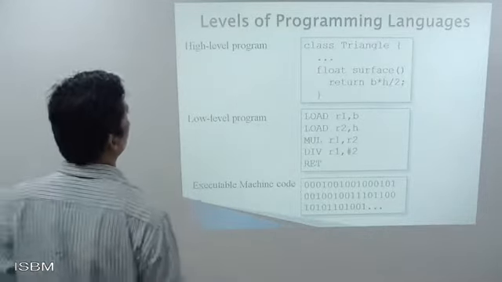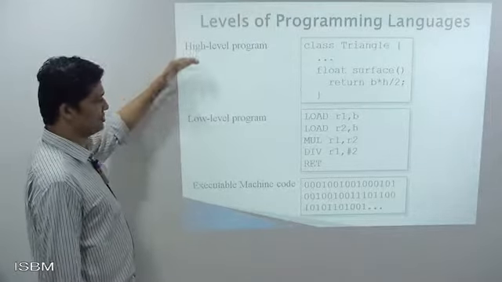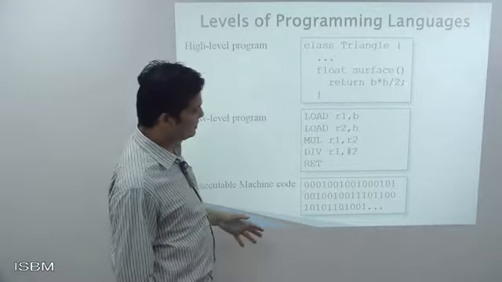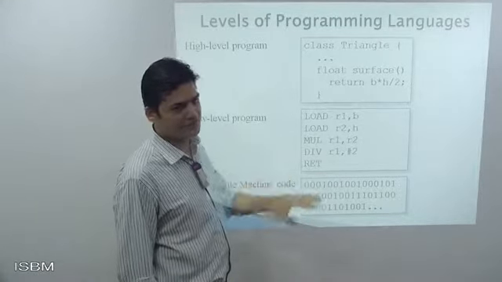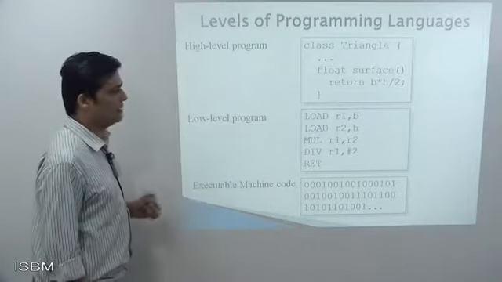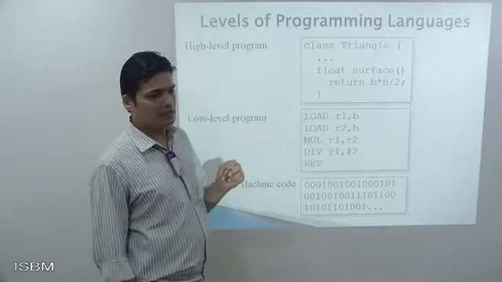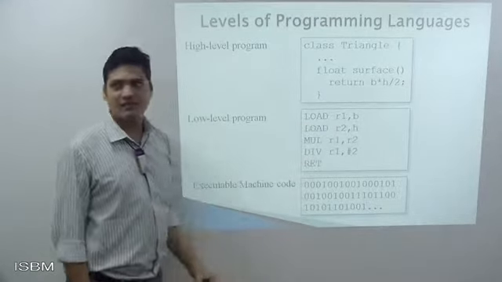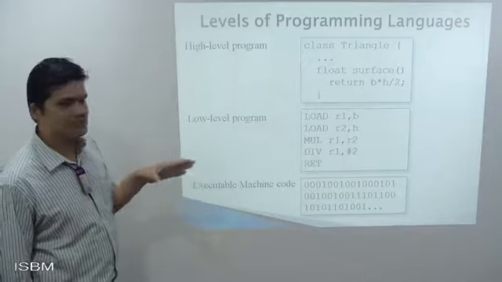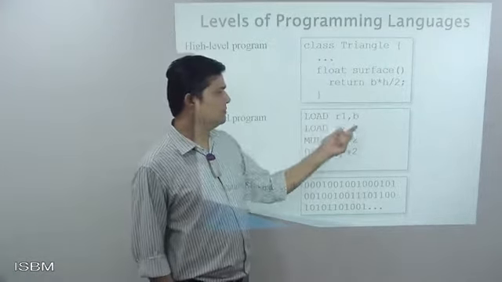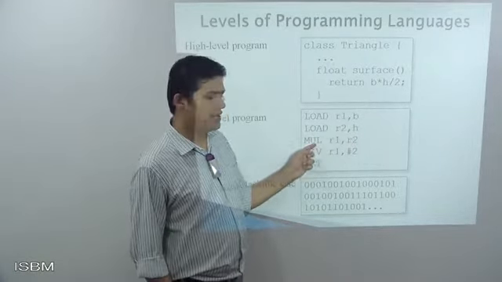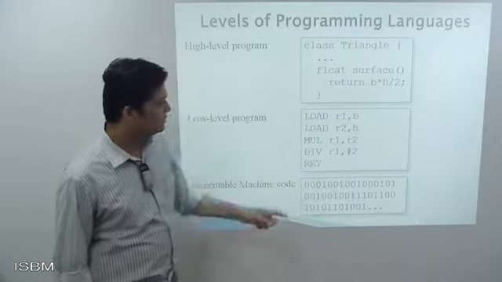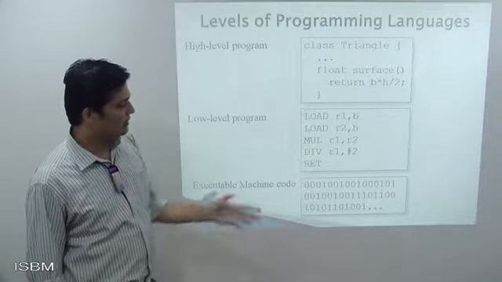So you can see the levels of programming language. We have a high level language, we have a low level language, and we have executable machine code. Executable machine code is only in 0 and 1 form, there is nothing else. In a low level language we write code that is easily understood by the system, like load r1, b; load r2, h; MUL stands for multiply r1 by r2; divide r1 by r2; and read results.